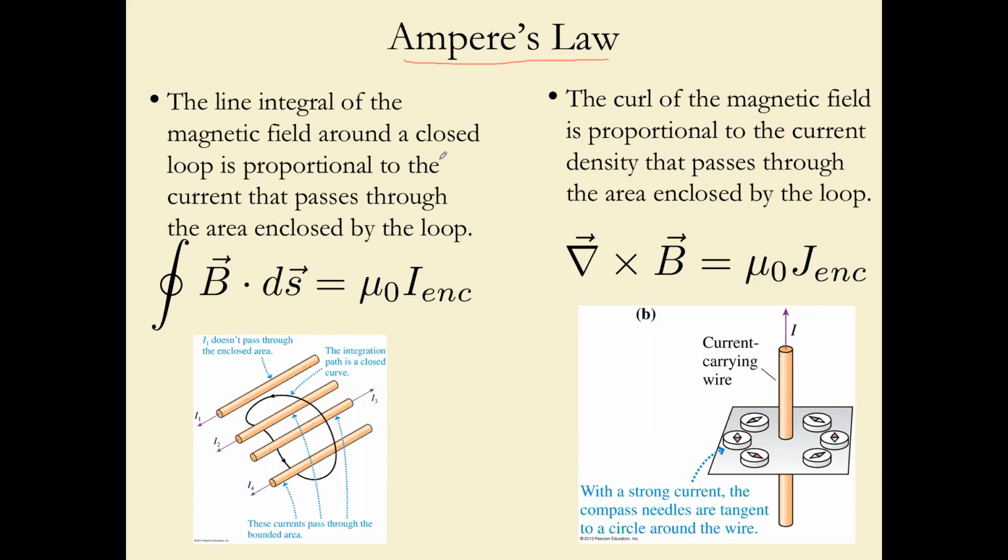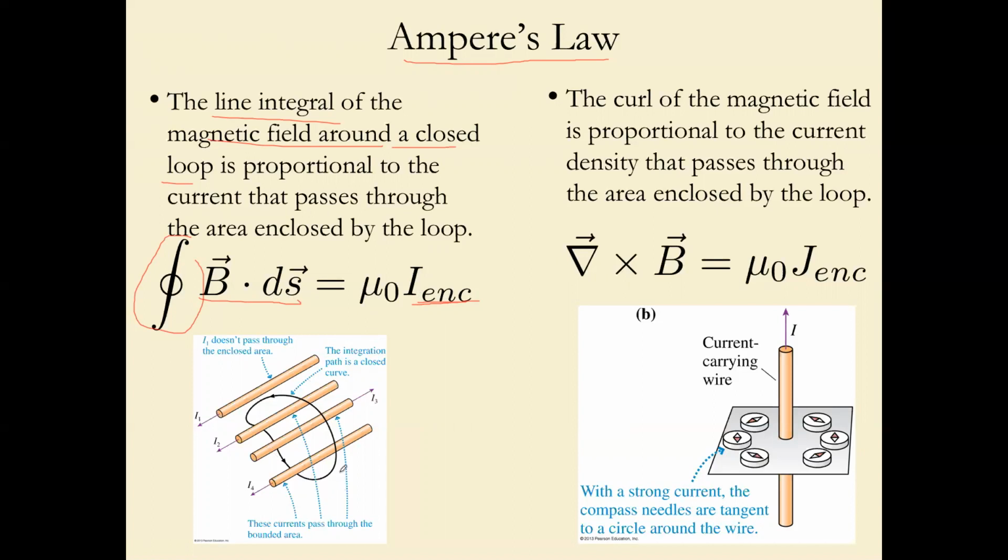According to this law, the line integral of the magnetic field, B dot ds, around a closed loop, this is the closed loop, is proportional to the enclosed current I that passes through the area enclosed by the loop.